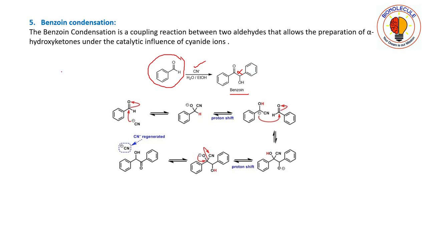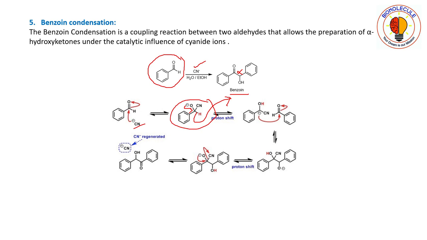So now let's look into the mechanism. Cyanide ion will attack the electrophilic carbon and we will get cyanohydrin. Now this O minus could backfire and the hydride could have gone to another molecule, but this kind of reaction will not take place.